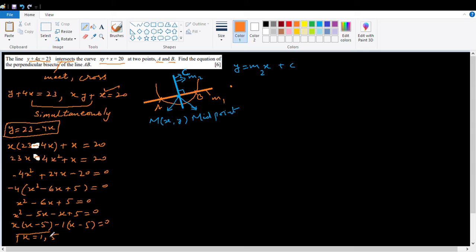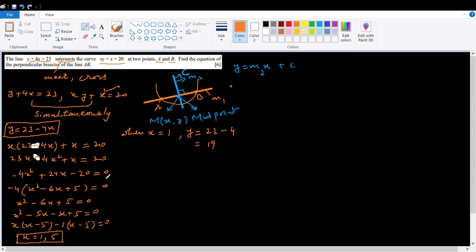So we got the x coordinates of A and B. Now against these x values we will get the values of y. When x is equal to 1, y is equal to 23 minus 4, because 4 ones are 4, that will be equal to 19.